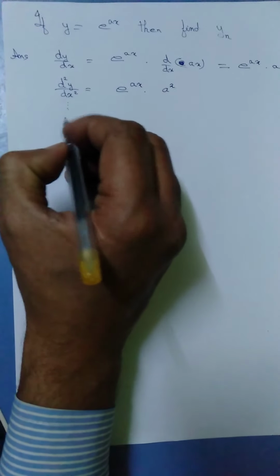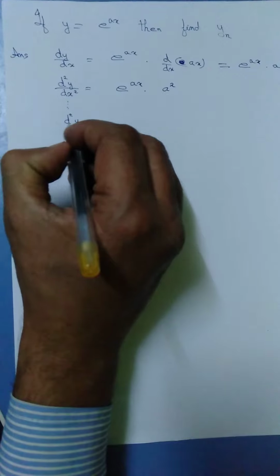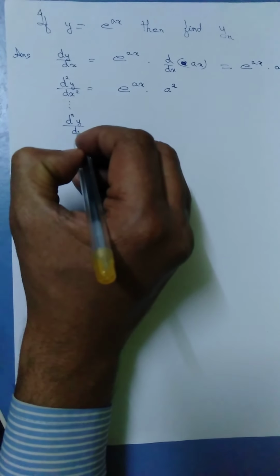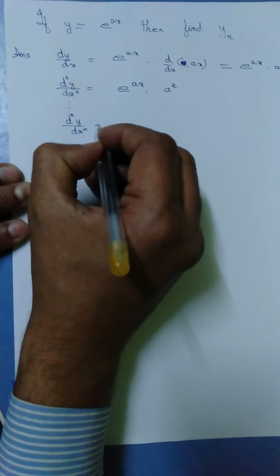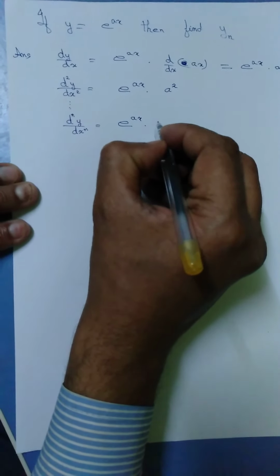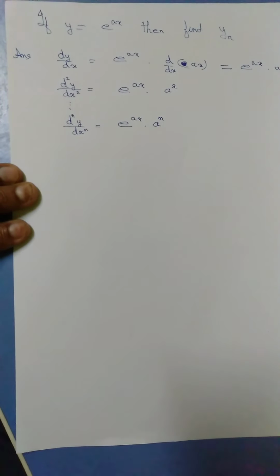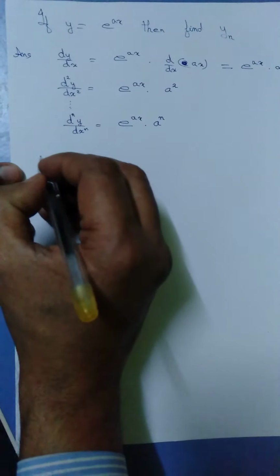If we continue it, we'll have the nth derivative e to the power ax into a to the power n. Okay, pretty simple.